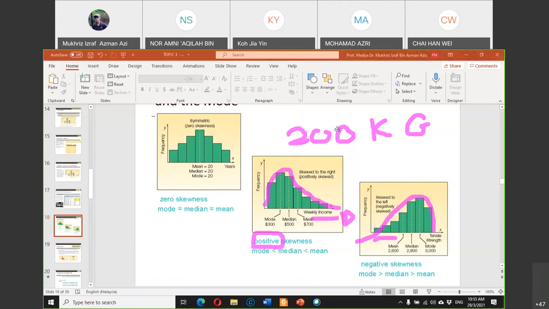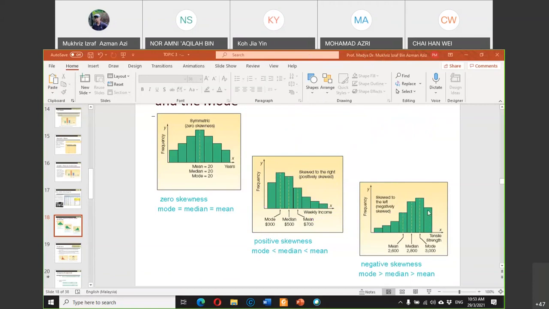So if we reverse this example, let's say in the class there is one student who is extremely small, a very tiny student. Let's say the weight of this student is 30 kilograms, very small. Maybe it is not a logical example, but just to get the message across.